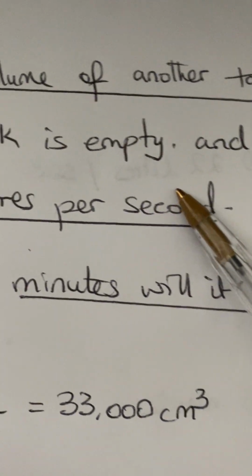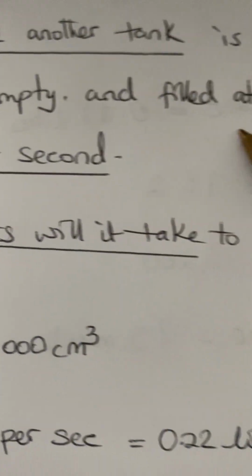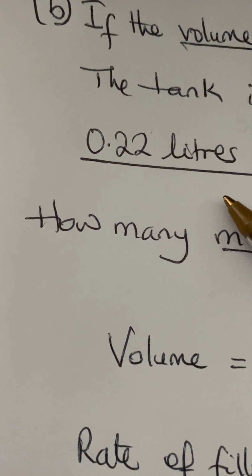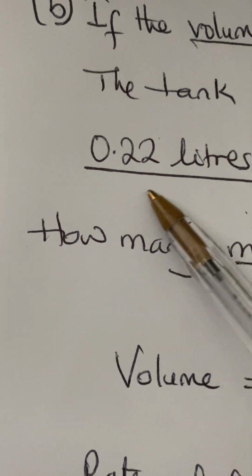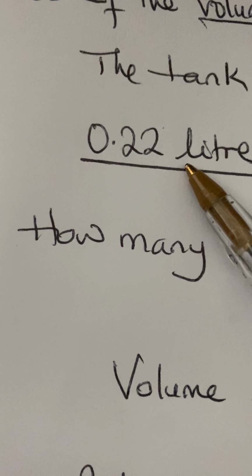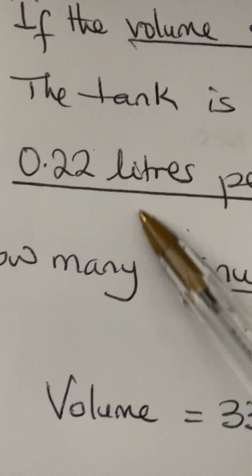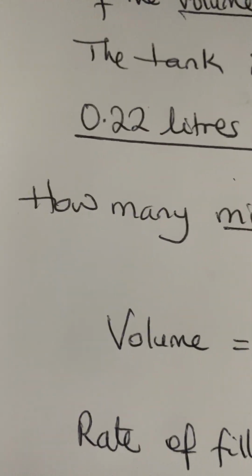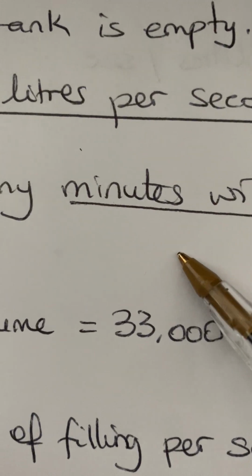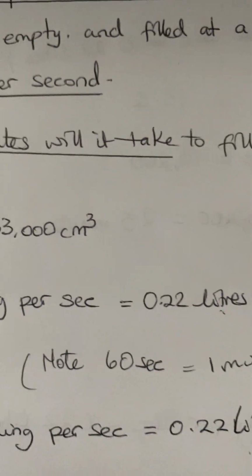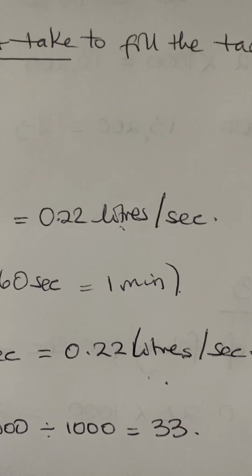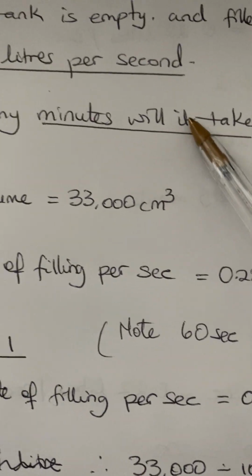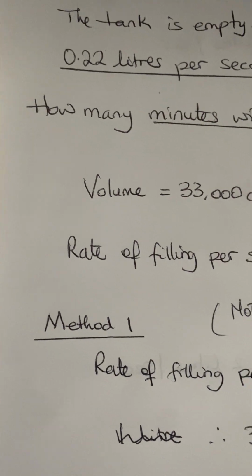The tank is empty and filled at a rate of 0.22 liters per second. How many minutes will it take to fill the tank? So minutes, not seconds. They are asking you to put your answer in minutes, so take note of that.